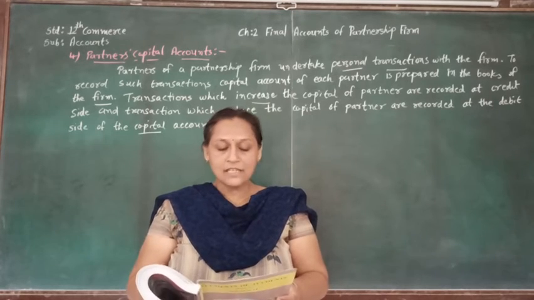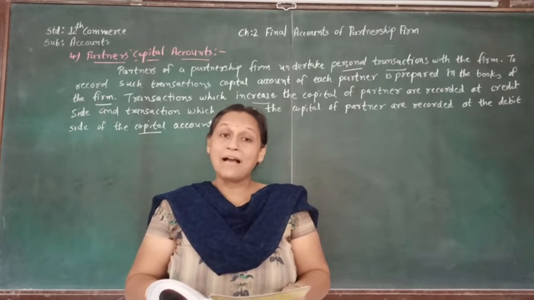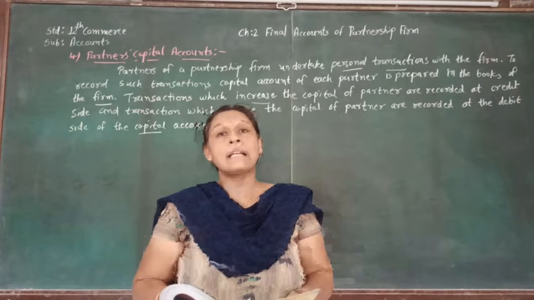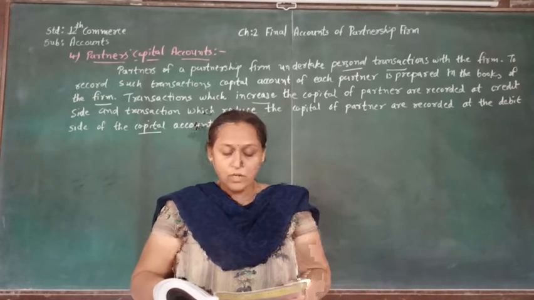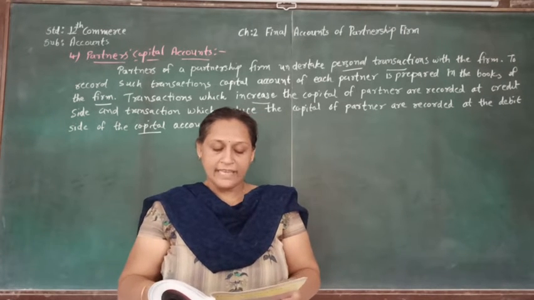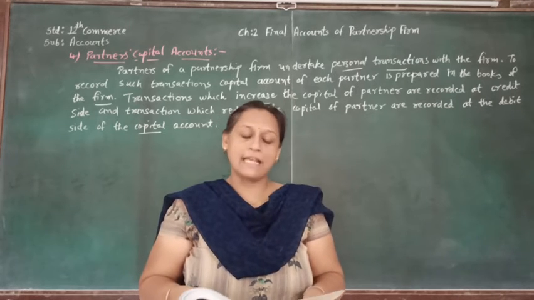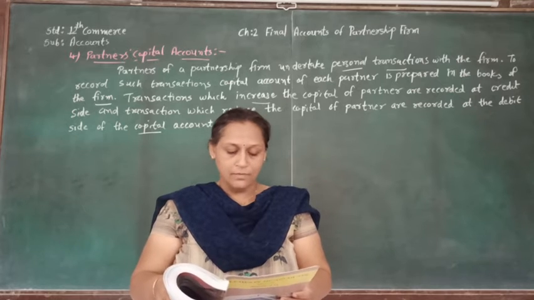The next things are given to us on the credit side. Very first thing is balance brought forward. If the opening balance of the partner's capital is a credit, then it is supposed to be on the credit side. Then whatever asset or cash is brought by the partner into the partnership firm is supposed to be credited to the partner's capital account.